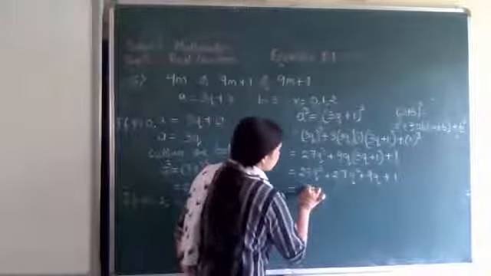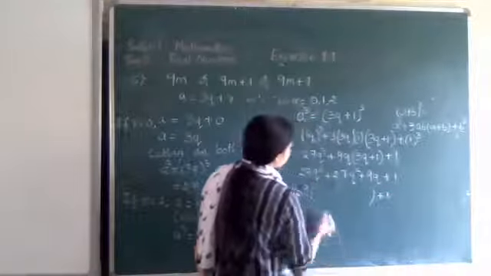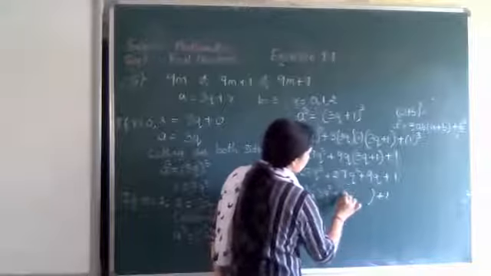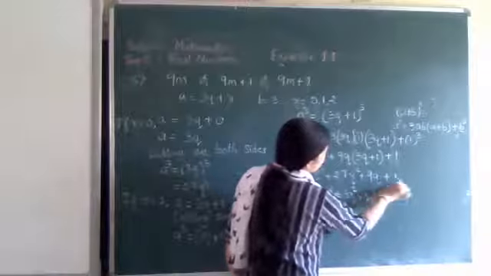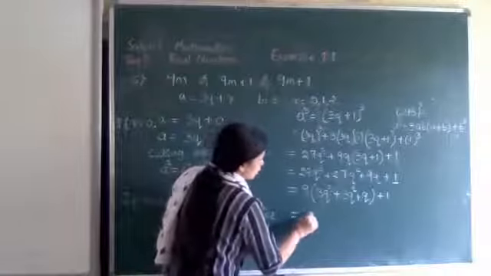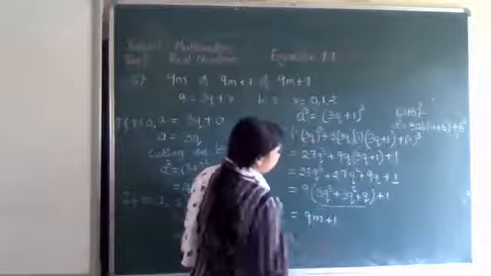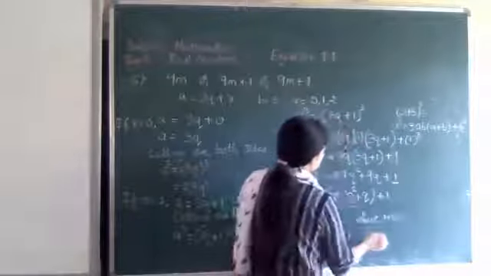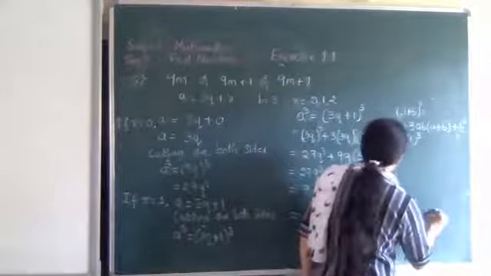Then take 9 outside and write the remaining in the bracket. 9 into 3 is 27q cube, 9 into 3 is 27q square, plus 9 into 1 is 9q. Here there is no common factor, so I will write plus 1 as it is. We take this as 9m plus 1 where m is 3q cube plus 3q square plus q.